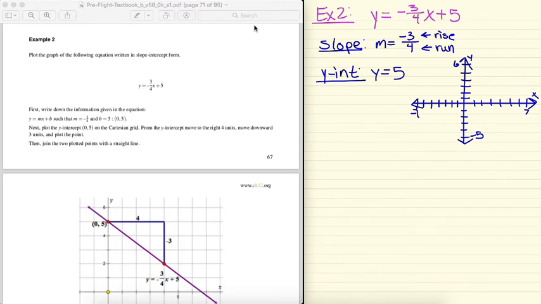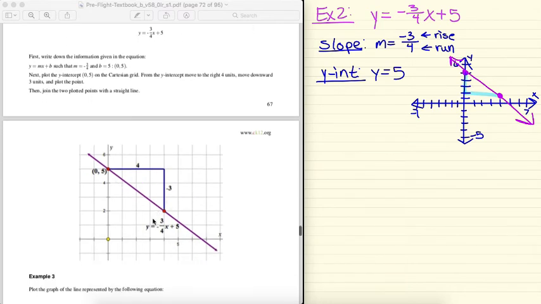So I cross the y-axis at 5, so I plot a point there. Then I'm going to count down 3 units and to the right, or forward, 4 units to represent my rise over run. So I go down 1, 2, 3 units, and then I run forward 4 units. 1, 2, 3, 4, and then get my next point. From there, I can connect, and there's my graph.